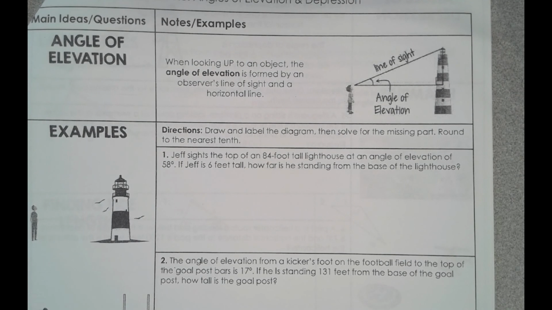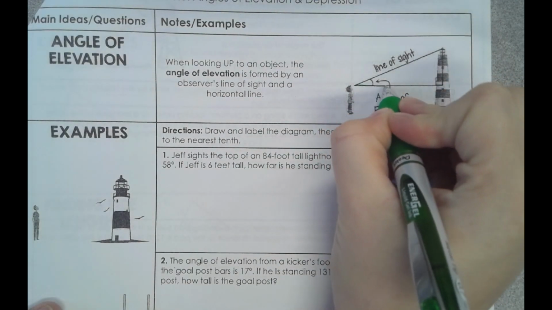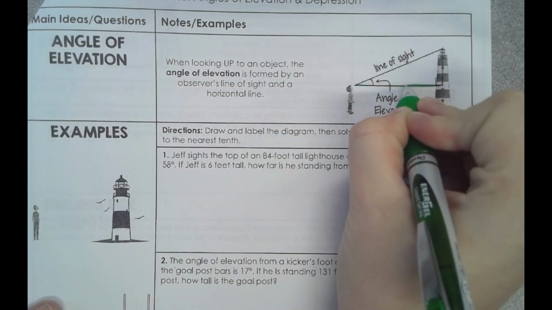So an angle of elevation is when you're looking up, elevating up. You always start by thinking, if this person was looking straight ahead, where would their eyes be looking?